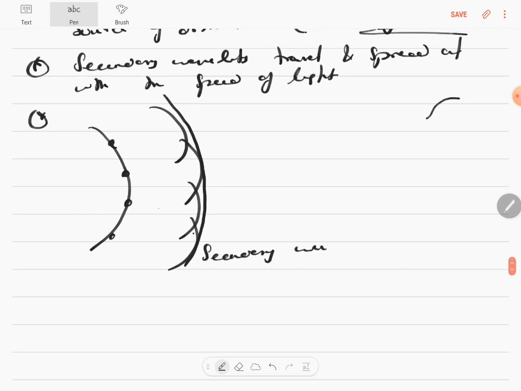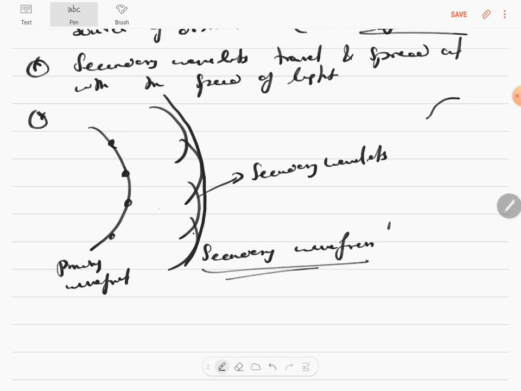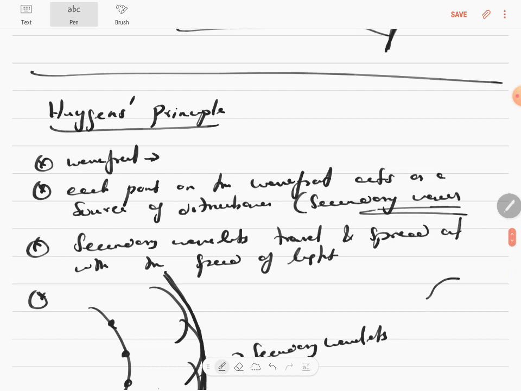These are known as secondary wavelets, and this is the primary wavefront. So these are the points, and the new wavefront, can you see, the secondary wavefront is nothing but an enclosure drawn to the secondary wavelets. So the four points are very important.